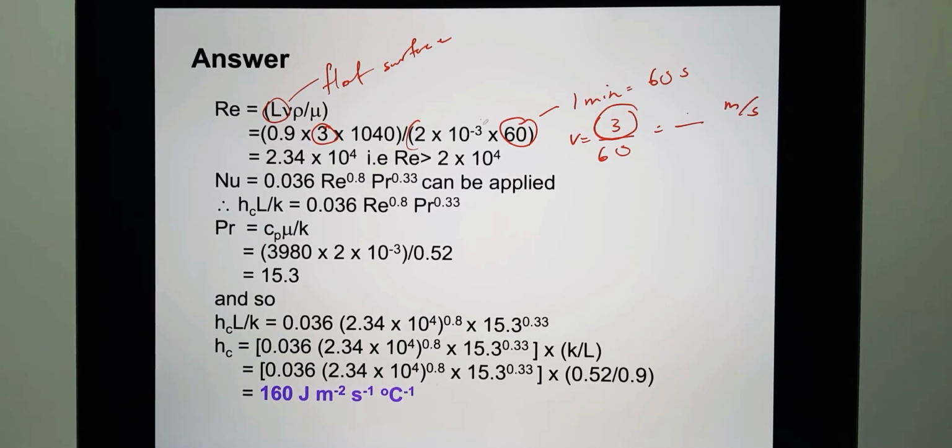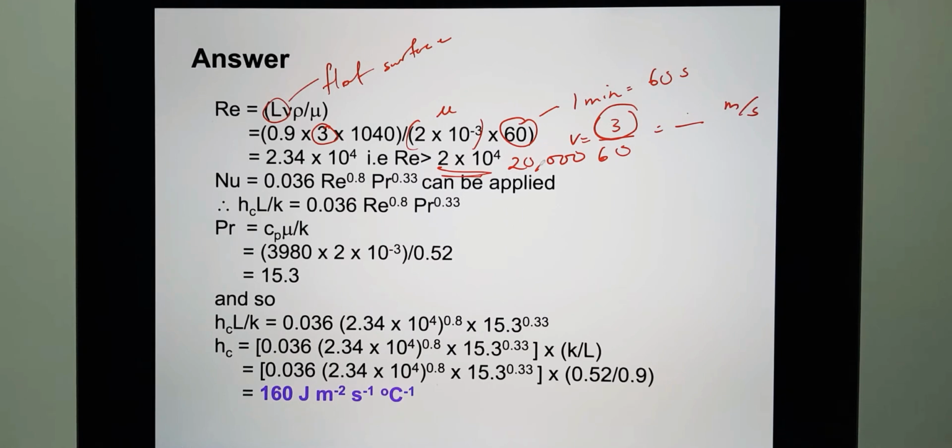This is the value for mu, and this 60 is meant for you to convert the unit from minute to second. So when you calculate the value of Reynolds, it is greater than 20,000. It is 2.34 times 10 to the power 4.